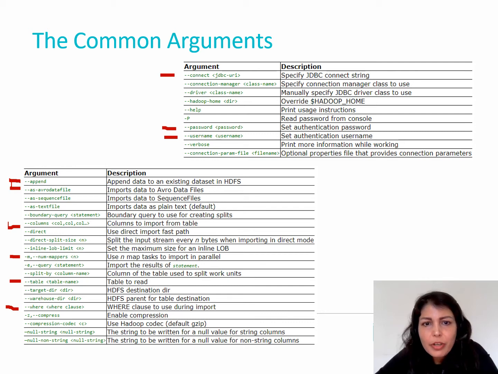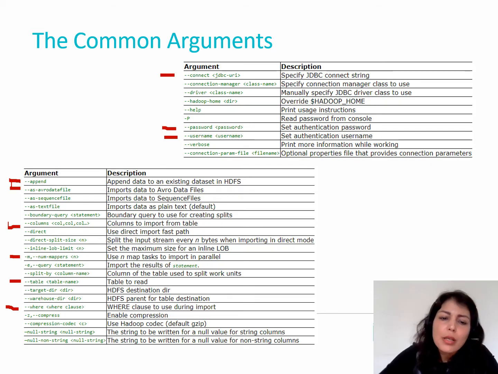The first table shows options for generic arguments, and the second one is for import arguments. We are not going through all the parameters, we just pick the important ones. We will explain all of these through the example, but just quickly tell you a few of them.